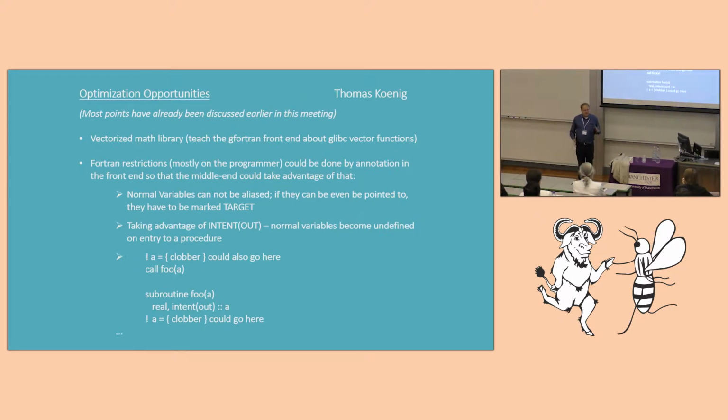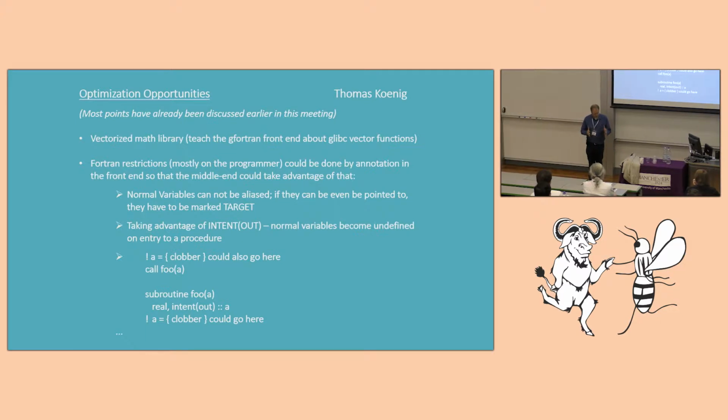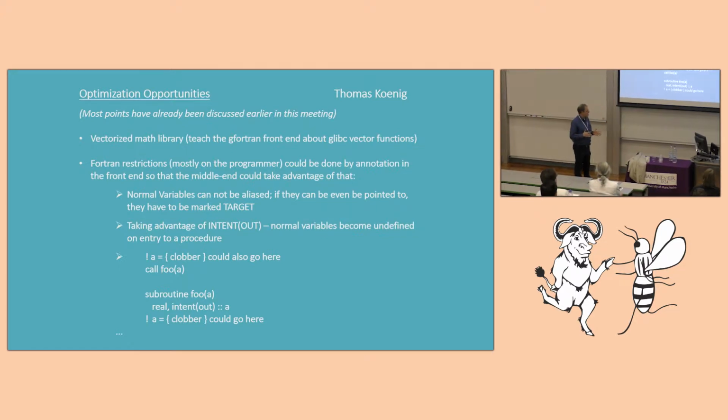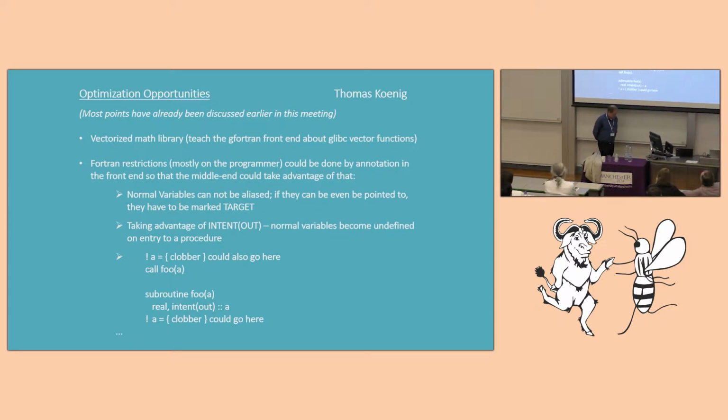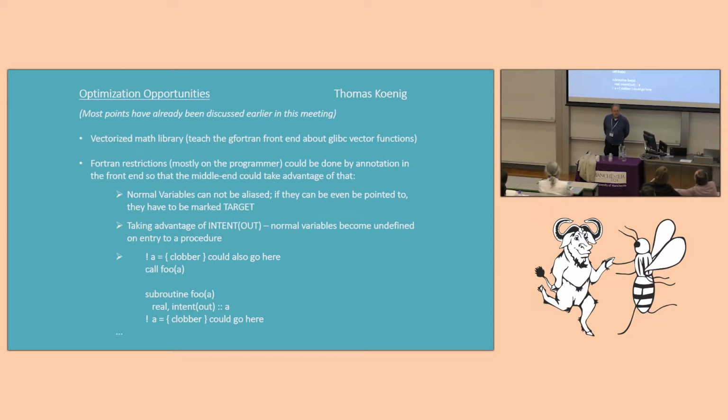And that of course runs a bit counter to what C does, where you can take the address of everything, and if it escapes, then people can do strange things with it. And that is really something that is probably hard to put into the middle end. In a previous session, we already discussed a little bit that this would probably require additional support.